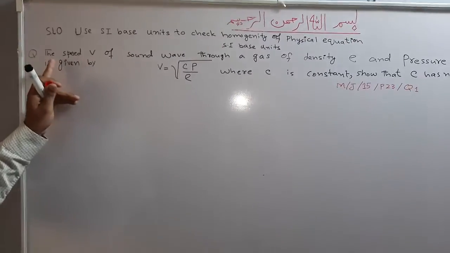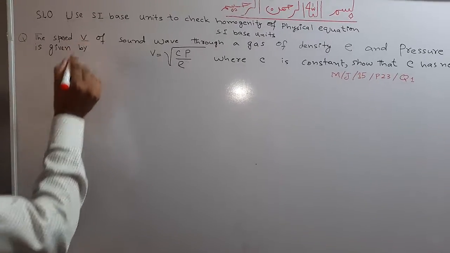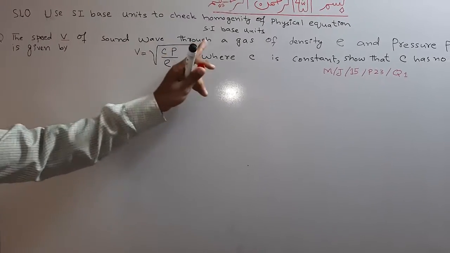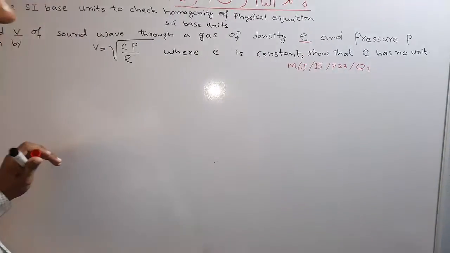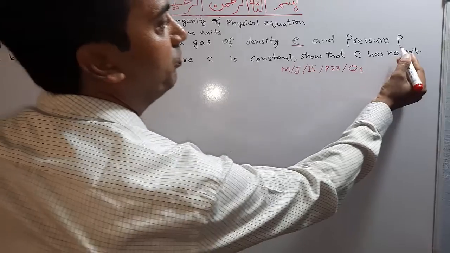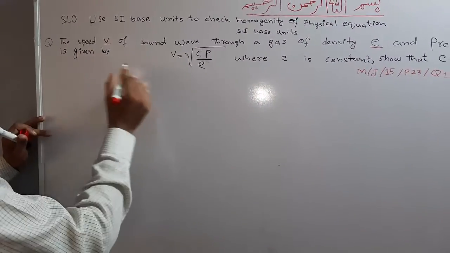We have the question: the speed v of a sound wave through a gas of density rho and pressure P is given by the equation v is equal to under root Cp over rho, where C is a constant, rho is density, and pressure is represented as P.